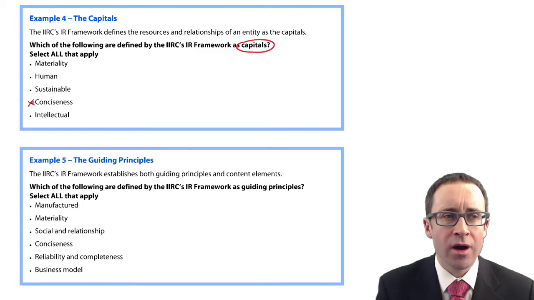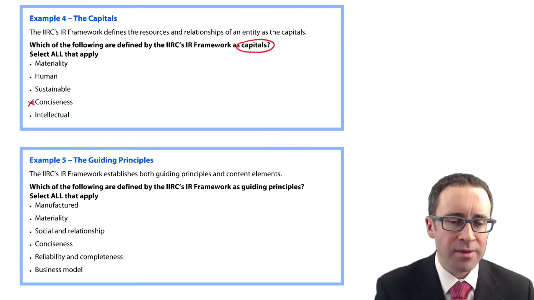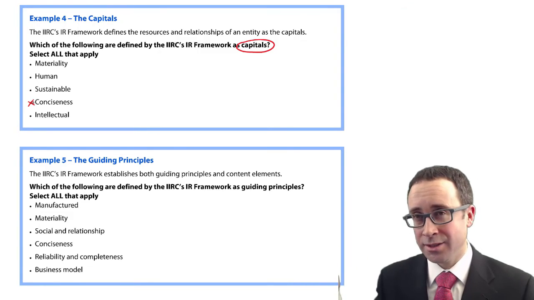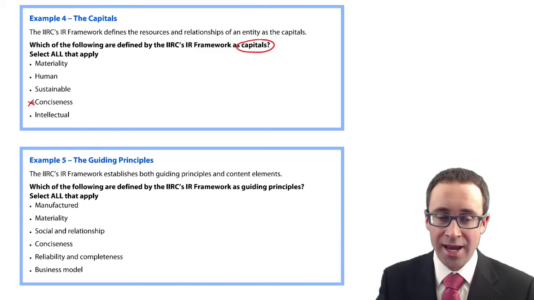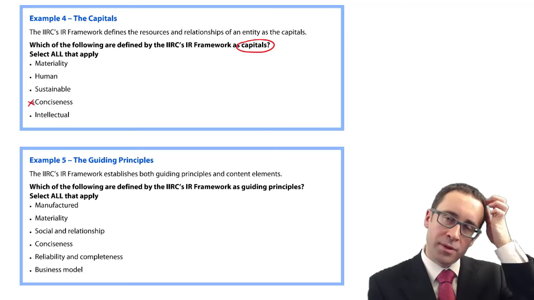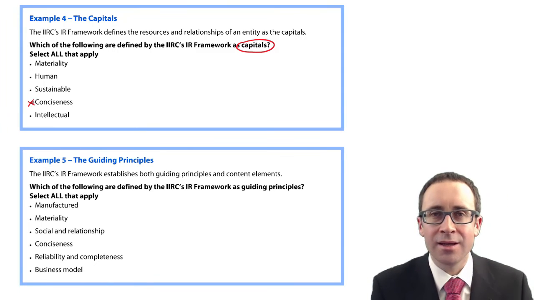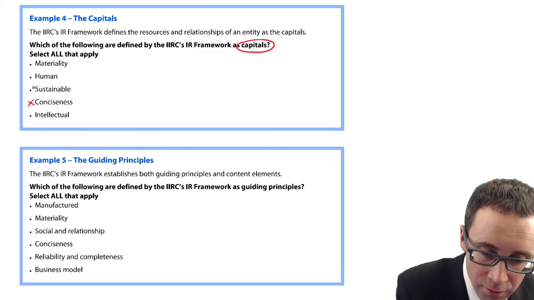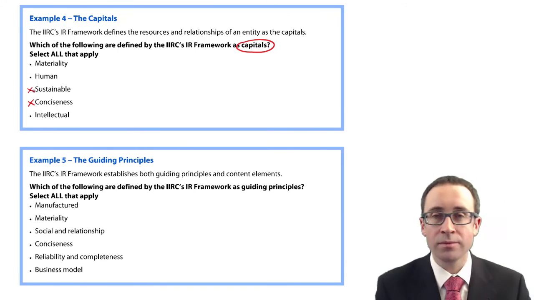And then you just need to be very, very careful, because the 4 remaining answers have an M, an H, an S, and an I. So you think, right, tick, tick, tick, tick. But be very careful, because the S is for your social and relationship, isn't it? Not for sustainable.